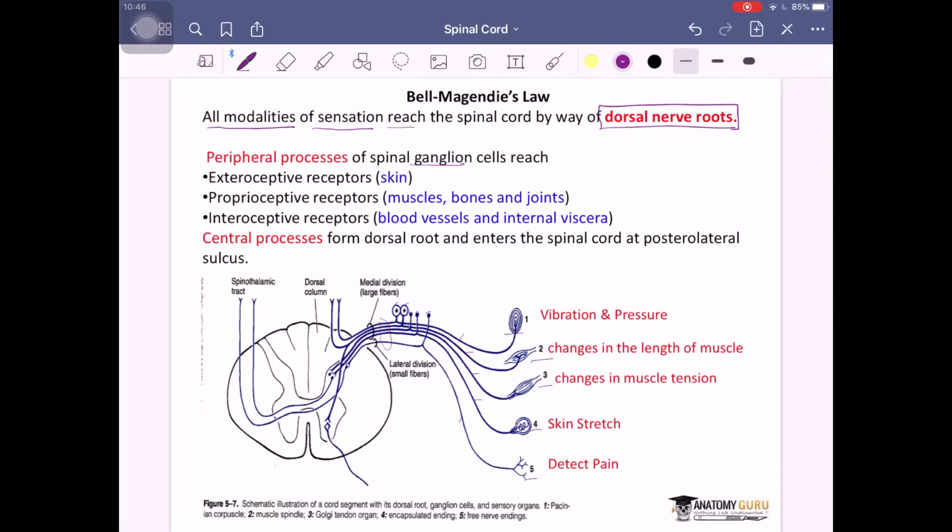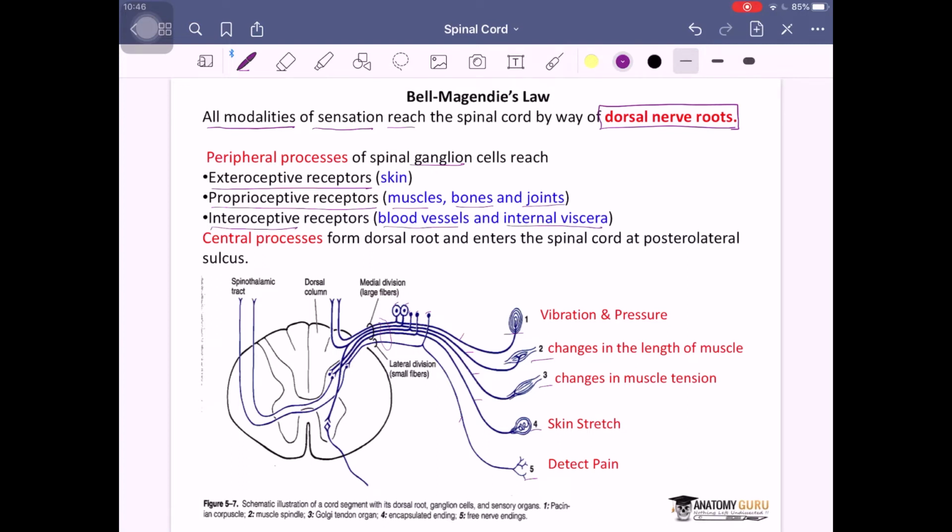They are coming from exteroceptive receptors, which are the receptors present in the skin. Extra means outside. Then there are receptors bringing information of joint sense and position sense, present in the joint, bone, and muscle. They are called proprioceptive receptors. And there are interoceptive receptors, present inside the blood vessels and your viscera, the organs inside.